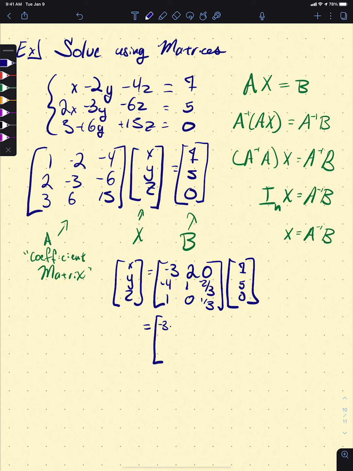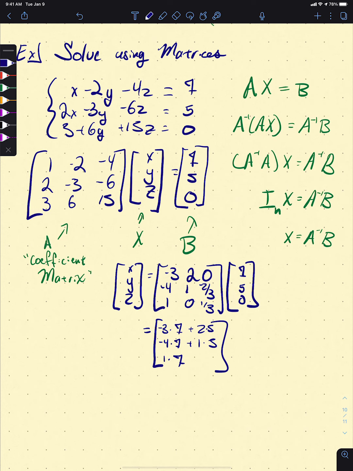Looks like this is going to come out to -3 times 7, plus 2 times 5, plus 0 times 0. Our second row, rather, we're going to have -4 times 7, looks like plus 1 times 5. And then in our last one, we're just going to have 1 times 7, because this 0 cancels with that, and this cancels with that 0.